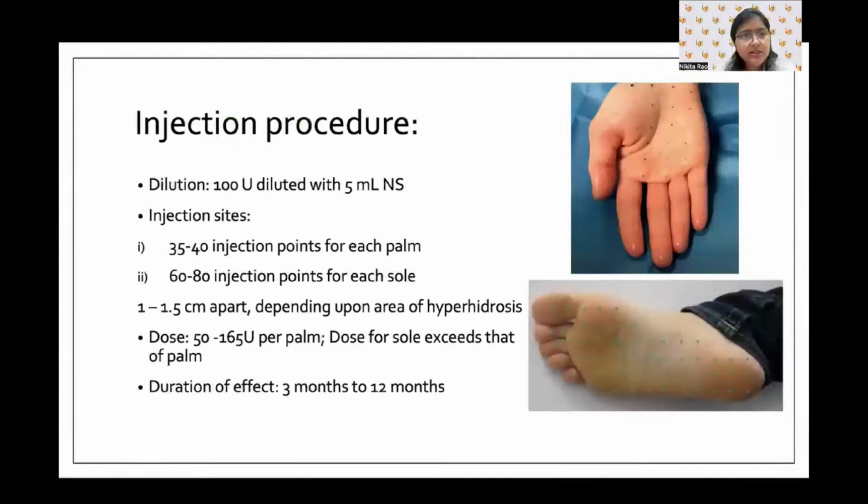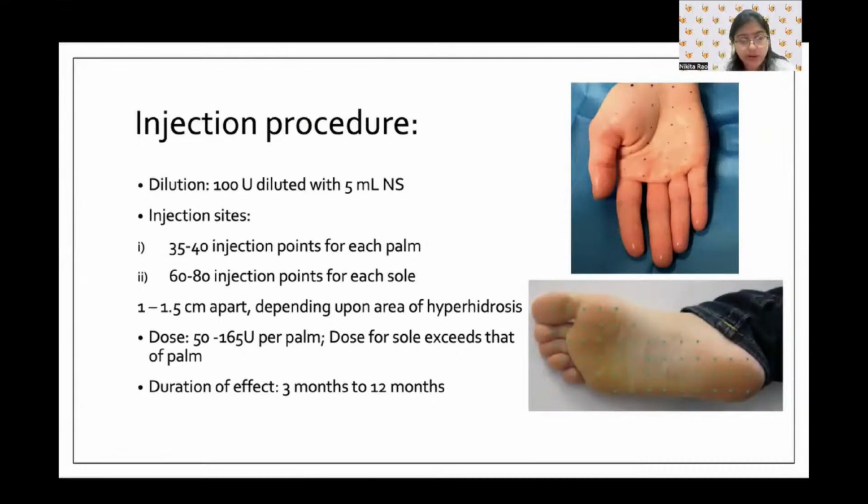For the injection procedure, the dilution used here is 100 units diluted with 5 ml of normal saline, yielding 2 units per 0.1 ml. The injection sites are 35 to 40 injection points for each palm and 62 for each sole, 1 to 1.5 centimeters apart, depending upon the area of hyperhidrosis.